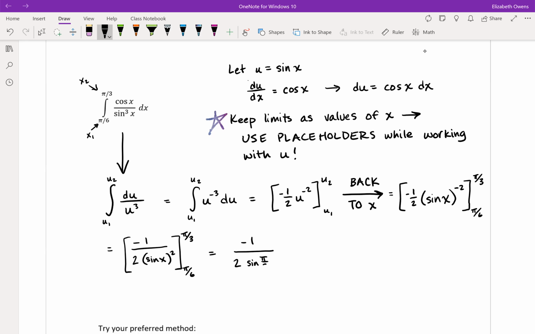And so we're going to put in our upper limit of integration, pi over 3, subtract and plug in our lower limit of integration, pi over 6. Notice how I'm being very careful with my parentheses there, because we don't want to say sine pi over 3 squared, because that looks like pi over 3 is getting squared, and that's not what we want to do. We want the sine of pi over 3 to get squared. So mind your parentheses here, they do matter.